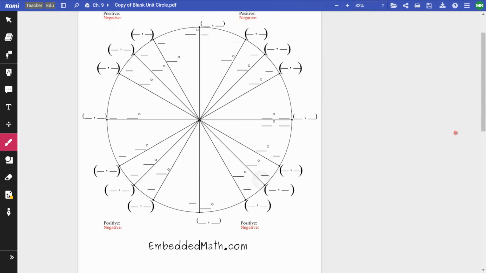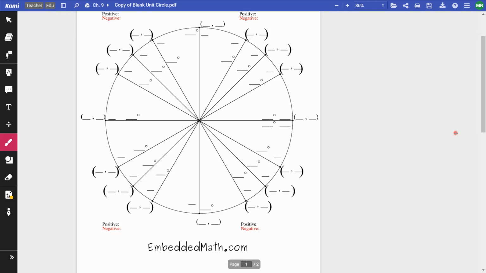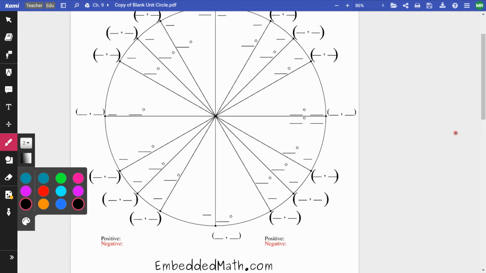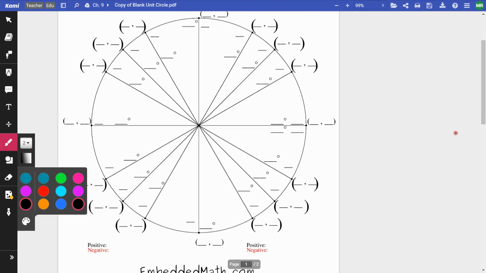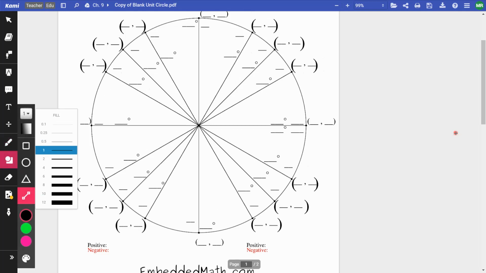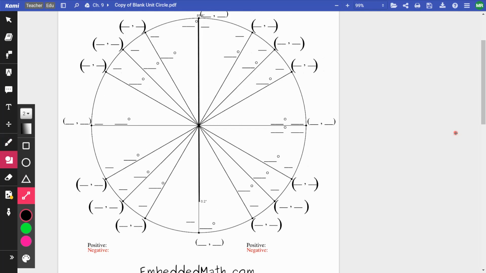When we're dealing with this unit circle, I'm going to draw it in, I'll just do it in black, a little darker than this. This right here, you guys see me drawing that?